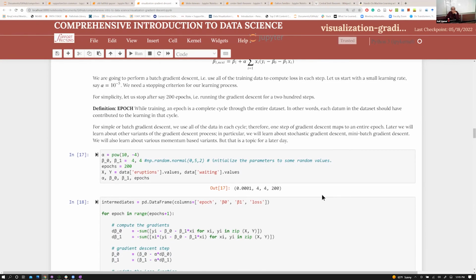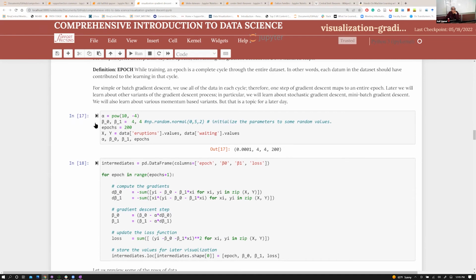You can do it by hand. So here I take alpha as the learning rate. Oh, by the way, just be aware that I use a lot of Greek symbols. When do I use Greek symbols in code? Greek symbols are for concepts, parameters, things like that. And the Roman symbols are for data.